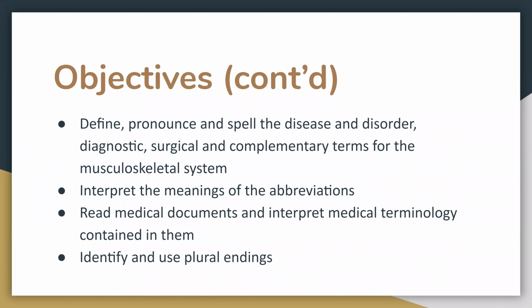We will also define, pronounce, and spell the disease and disorder, diagnostic, surgical, and complementary terms for the musculoskeletal system. We will interpret the meanings of the abbreviations, read medical documents, and interpret medical terminology contained in them. And lastly, we will identify and use plural endings.